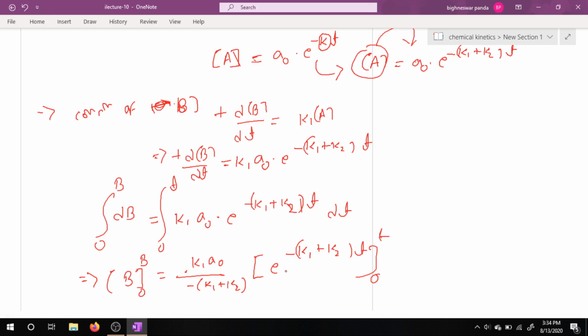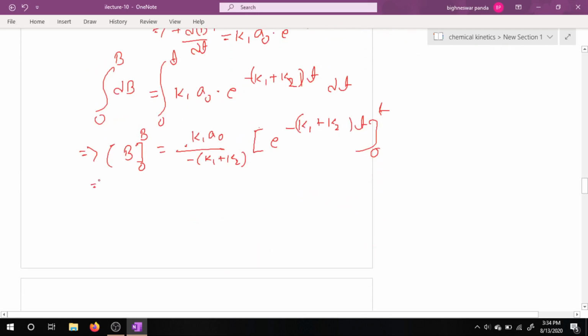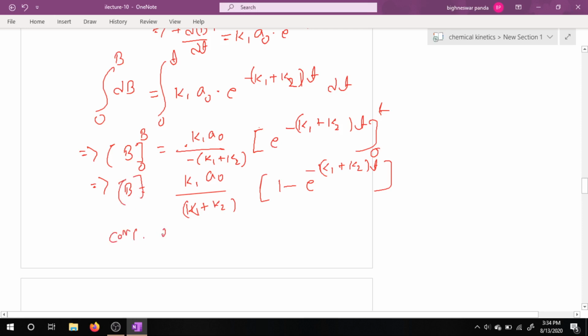So by solving and multiplying by minus on both sides, B is equal to k1 A naught divided by k1 plus k2 into 1 minus e to the power minus k1 plus k2 into t. So this is the concentration of B.